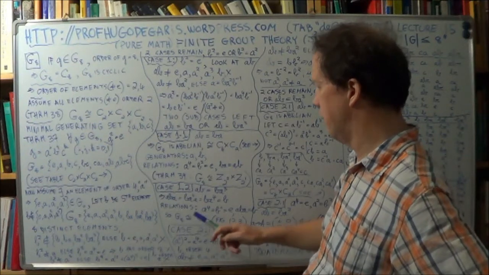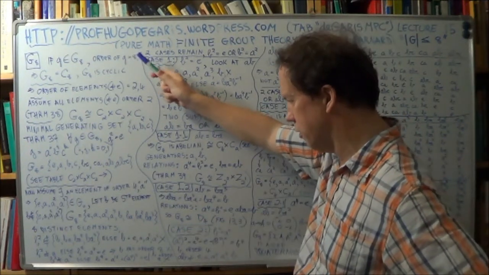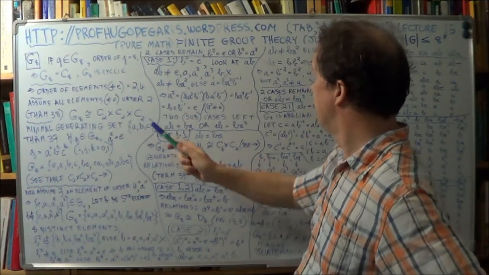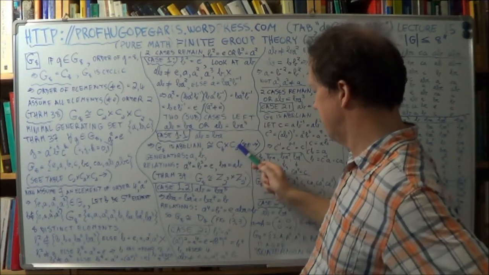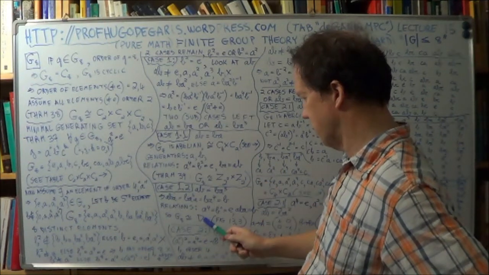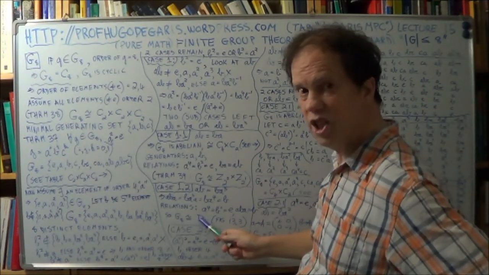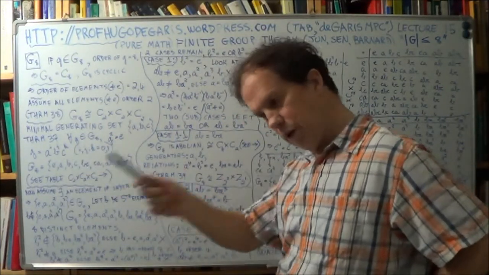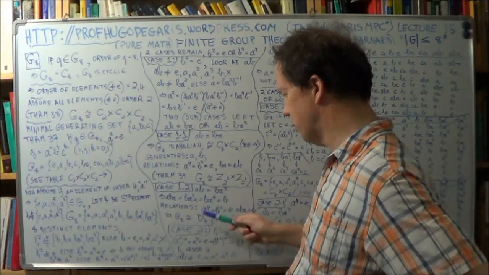Okay, so how many have we got so far? So we've got the cyclic group, we've got this one, we've got this one, and now we've got this one. So this is our fourth non-isomorphic group, non-isomorphic relative to all the others. All 4 types so far.